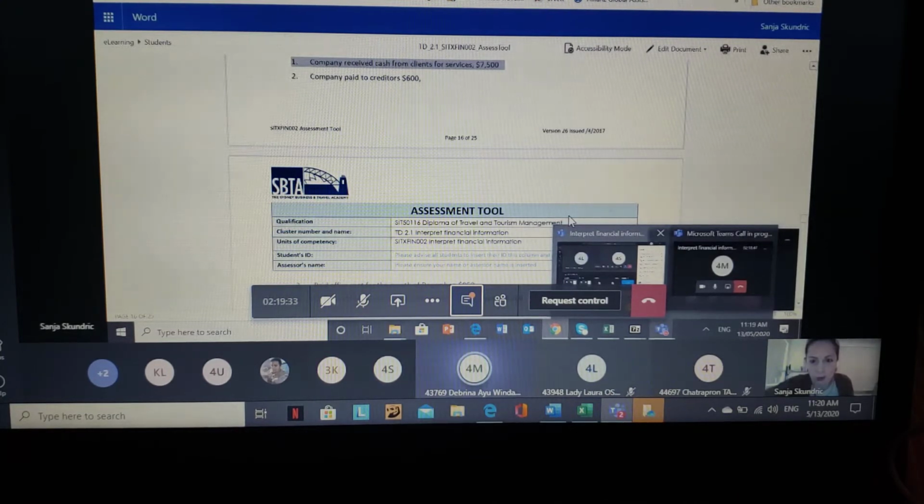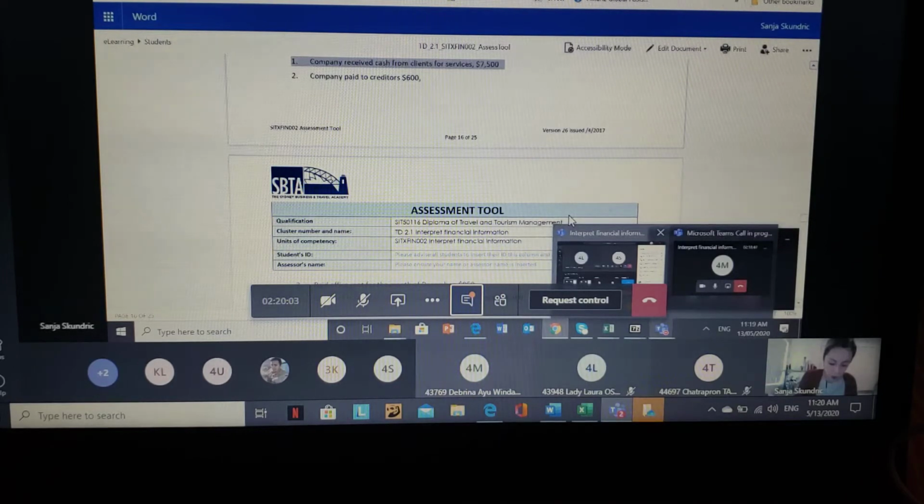So the first one, under your accounts receivable, this amount should appear. So on top of our, what did we have? 34,050, I think it was by memory. We should be adding 7,500.